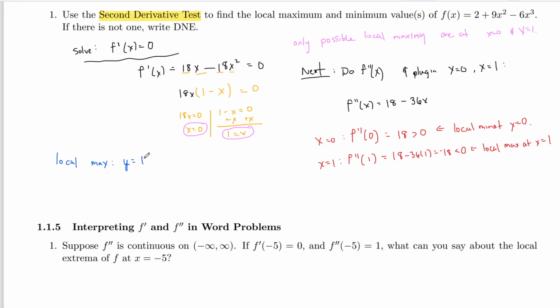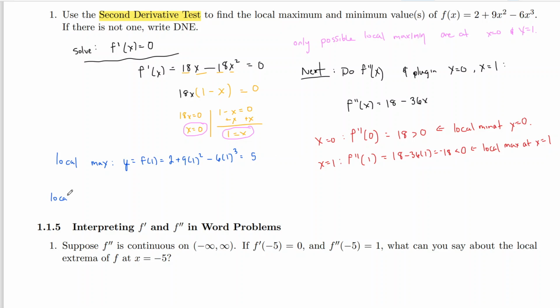Y equals f of 1, which equals 2 plus 9 times 1 squared minus 6 times 1 cubed. And hopefully that equals 5. And it does, because this is just 9. This is 6. 2 plus 9 is 11. Minus 6 is 5.